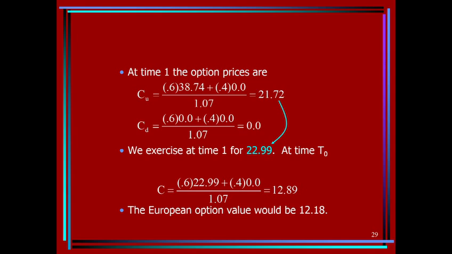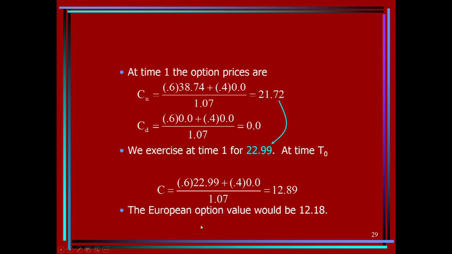If this were a European call, you would continue to use 21.72 because you cannot exercise, right? So you have no chance of getting that 22.99 anyway, right? So you have to use 21.72. However, if this is an American call and you exercise, you get 22.99. So in order to value to time 0, you use 22.99 in your formula instead of 21.72.